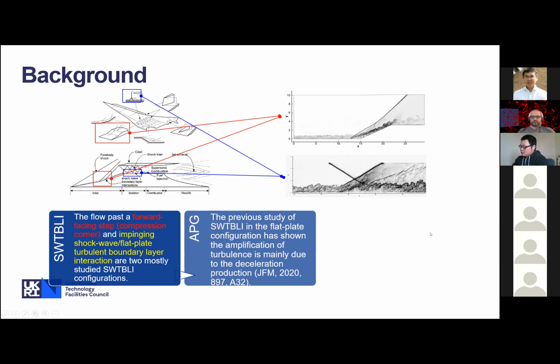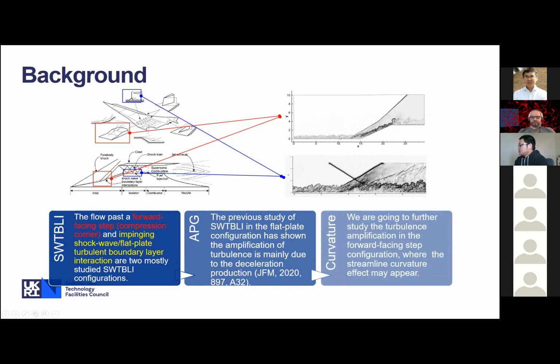So we decided to move on to a different geometry where there's a strong flow streamline curvature, to see whether the turbulence amplification mechanism will change or not. Is it still flow deceleration driven, or does the streamline curvature have a notable impact?